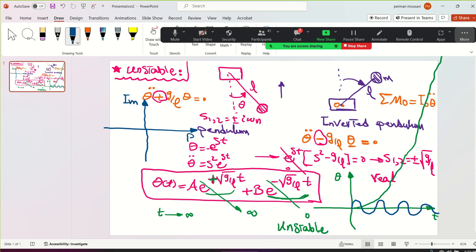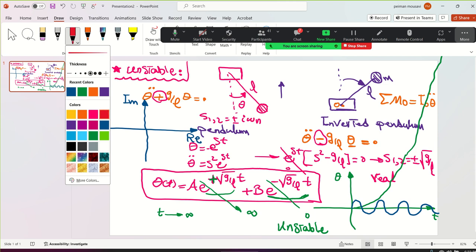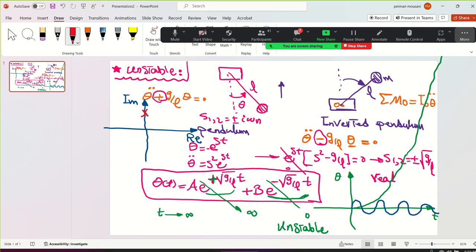Imaginary, real, complex plane. For the marginally stable system, you have a pair of pure imaginary roots or poles. But for the unstable system, you have these guys, two distinct roots, one of them positive, one of them negative.